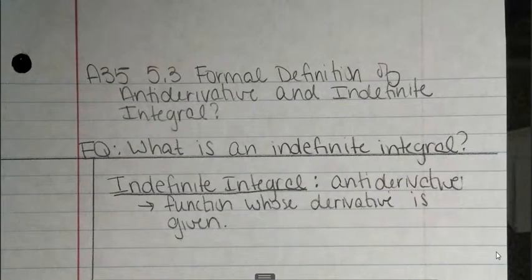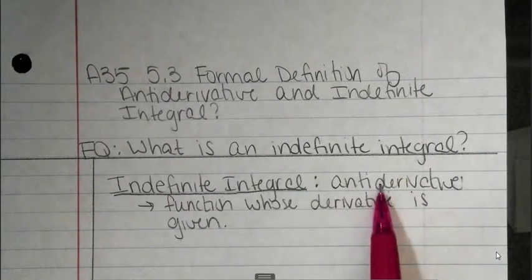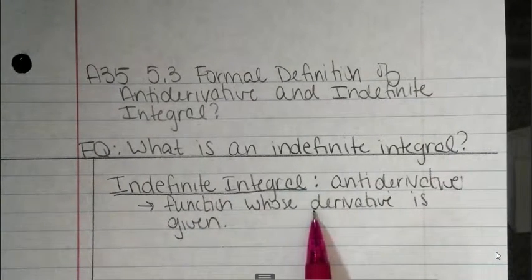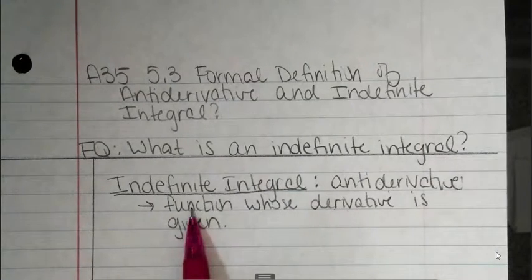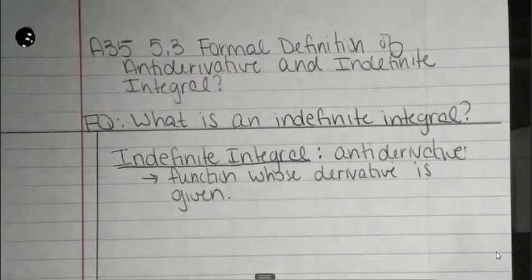And your goal is to take that derivative and antiderive it, okay? So the fact that an indefinite integral is an antiderivative, if you're given a function whose derivative is given, then your goal is to get back to that original function.